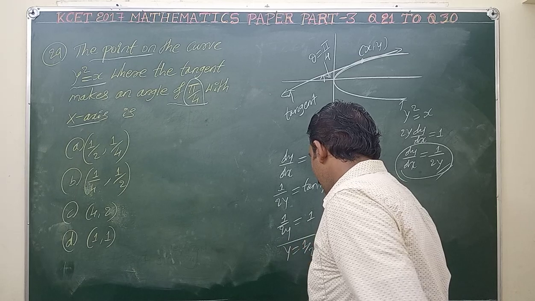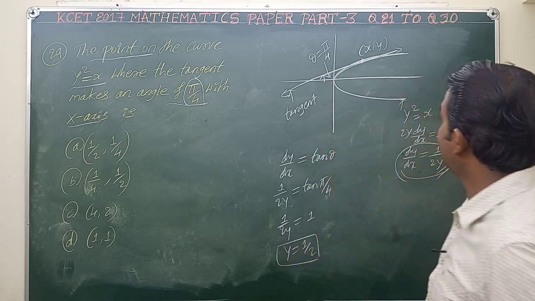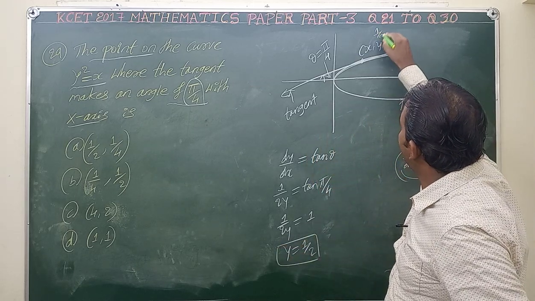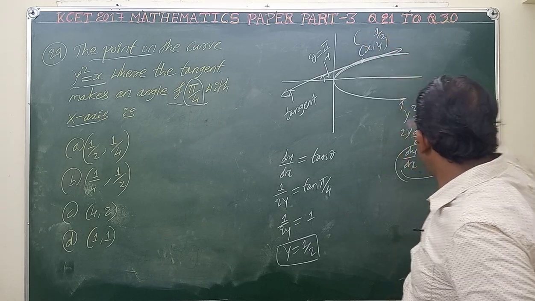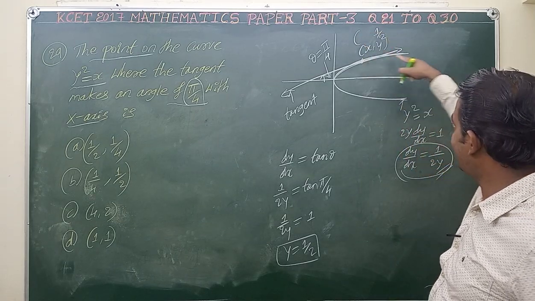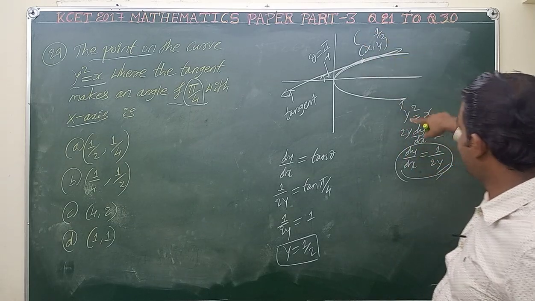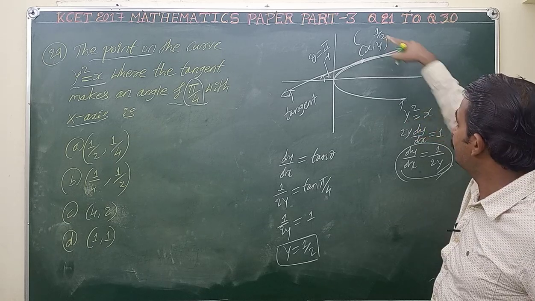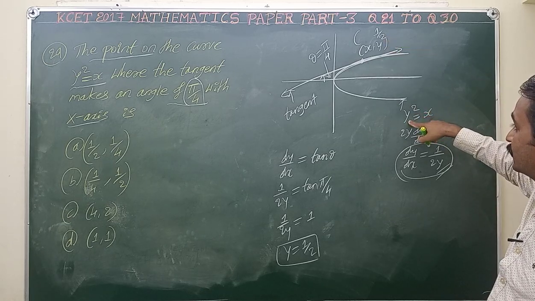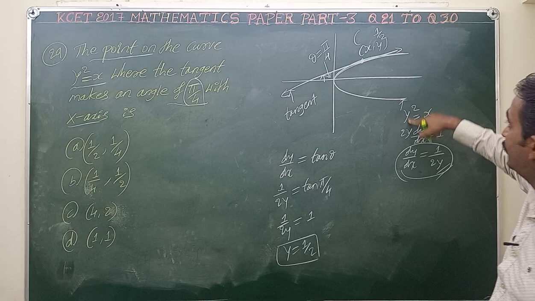So the required y value is obtained, 1 by 2. We have to find out the x. Substitute, this point lies on the curve. Substitute y, in this case we get the x value. Y is 1 by 2, so x becomes 1 by 2 square, nothing but 1 by 4.